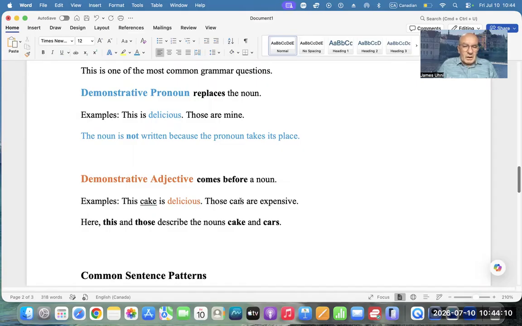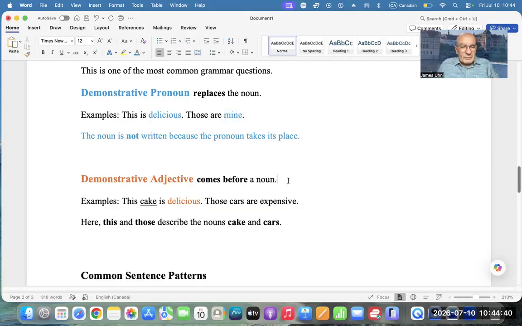Those cars are expensive. So if I say those cars are mine, that would be again a pronoun, because mine over here is a pronoun.